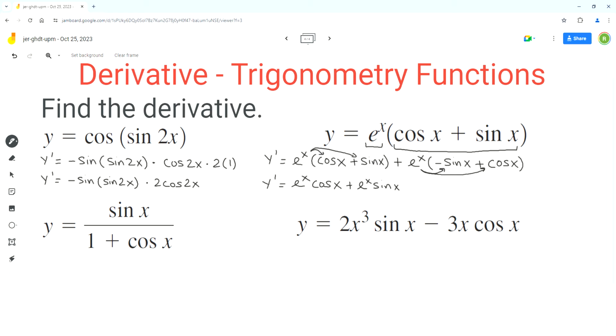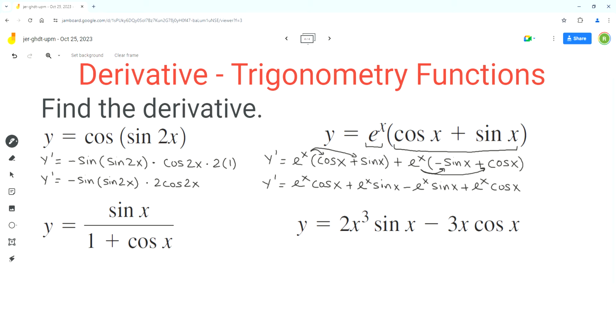So we multiply both terms in the parentheses by e to the power x, and we'll do the same thing for the second part. For the second part, e to the power x times minus sin x gives us minus e to the power x sin x, and then plus e to the power x cos x.